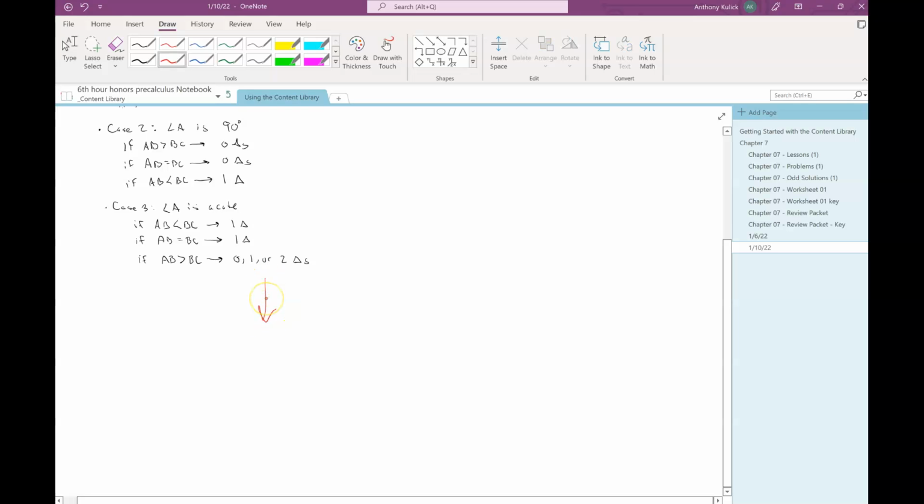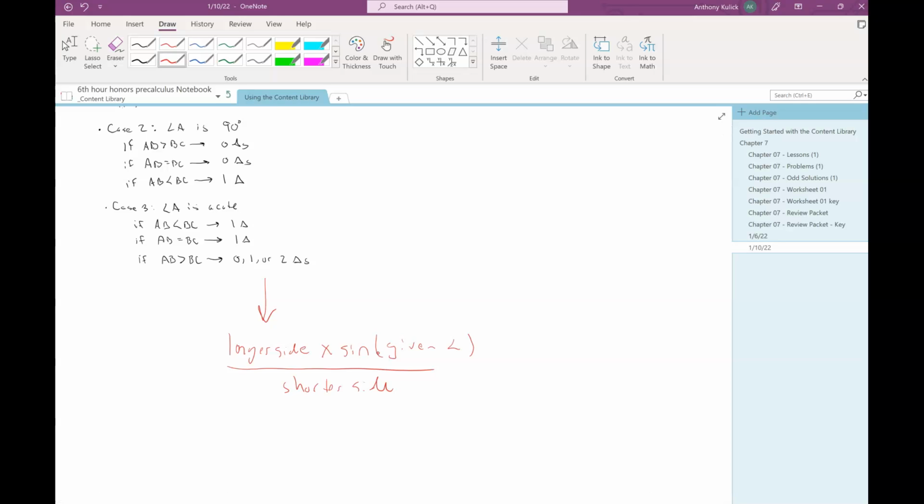I think last time I gave you this calculation in terms of side BC and sine C and all that stuff. I'm just going to write it this way. It's really the longer side times sine of the given angle divided by the shorter side. It's the same thing, but to me this is a lot easier to remember than a bunch of alphabet soup that's going to be labeled differently than the picture and then probably the problem that I've been given.